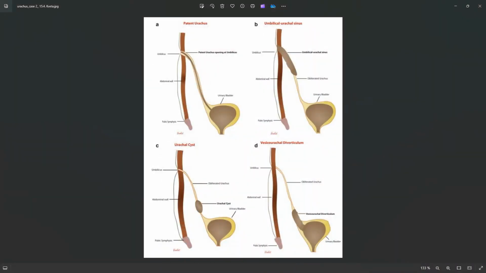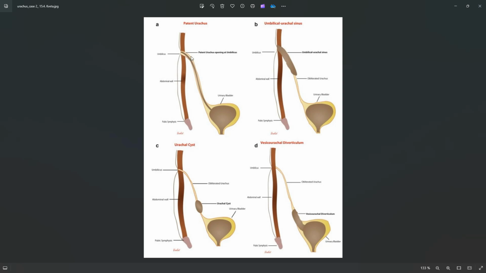So the diagnosis of this is umbilical-urachal sinus, which is an embryological remnant of the urachus, an embryological structure. Here at the upper part, you can see the embryological structure called urachus, which exists during embryological development.